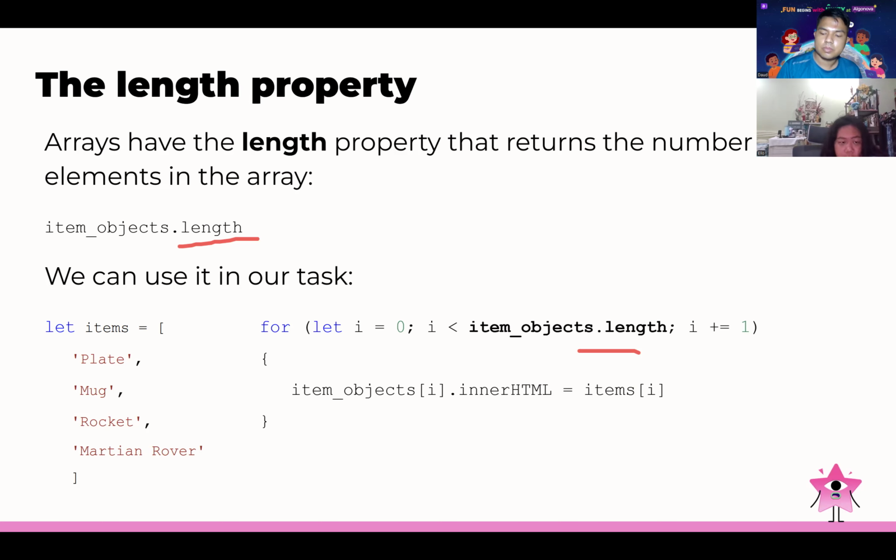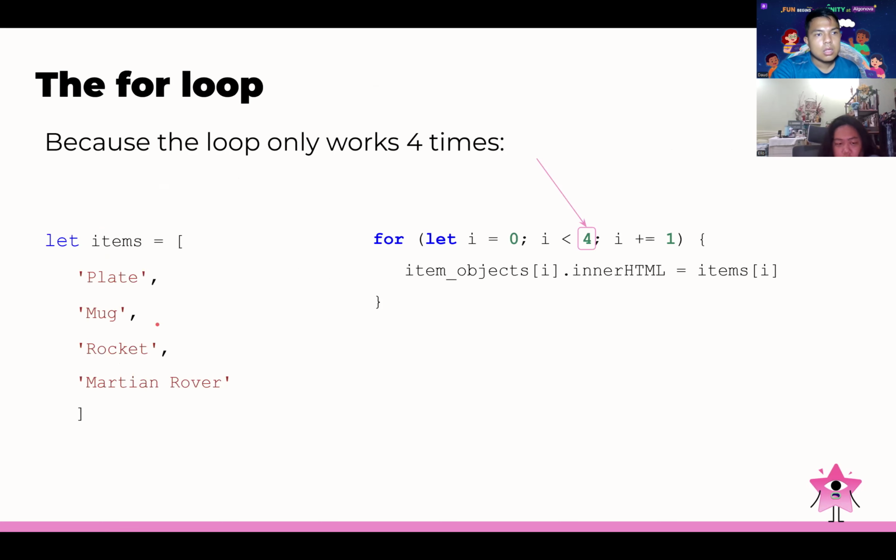Wait, in length, use the length. What do you mean, use the length? You just put a dot. Yes, just use dot length, but make sure the object is an array. Is item object supposed to be the items on the left, because it's not an array?